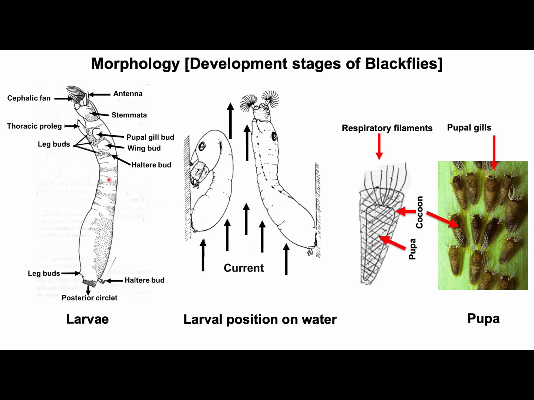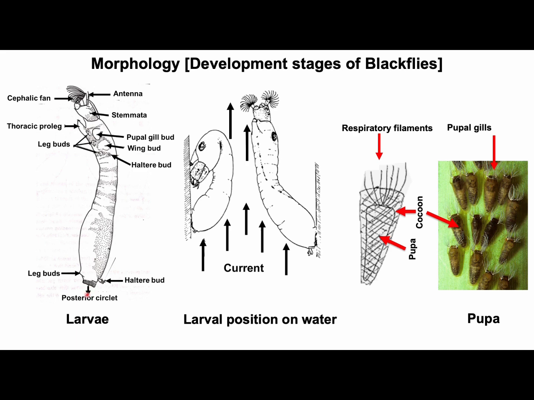A mature larva is 5 to 13 mm in length, light colored, and has a poorly segmented body. The larval stage has a blackish head and it bears prominent feeding brushes or cephalic fans. The body is swollen posteriorly, and just below the head a proleg is there.